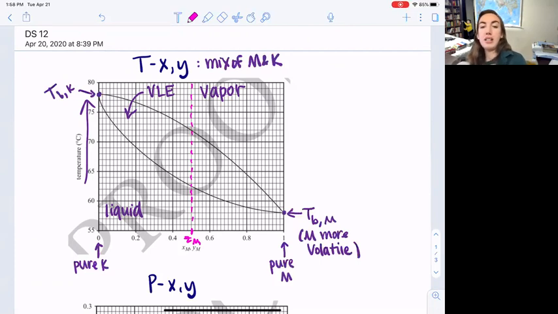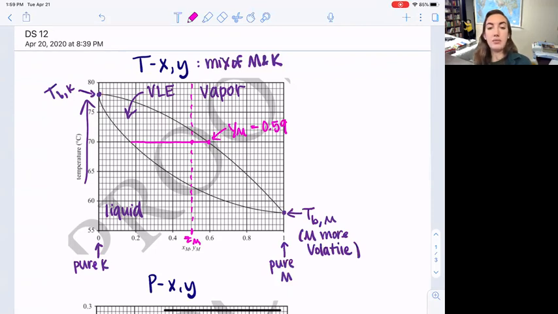And let's say we heat our system up to 70 degrees C. So that means our Zm is here. And what we do is draw what's called a tie line all the way across our diagram. Where that tie line hits the vapor region, that will be the composition of our vapor stream that comes out. So our Ym will be, what is that, 0.59.